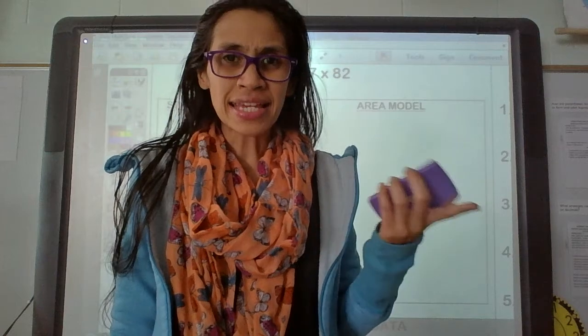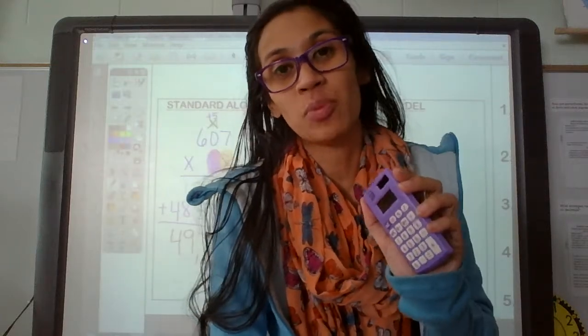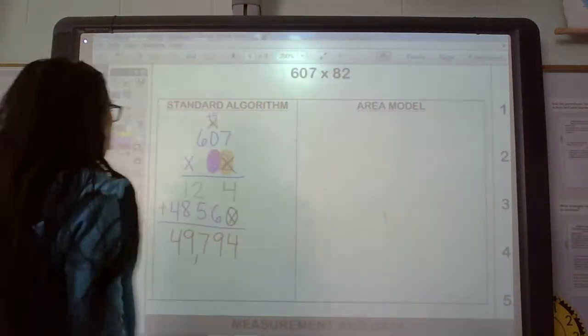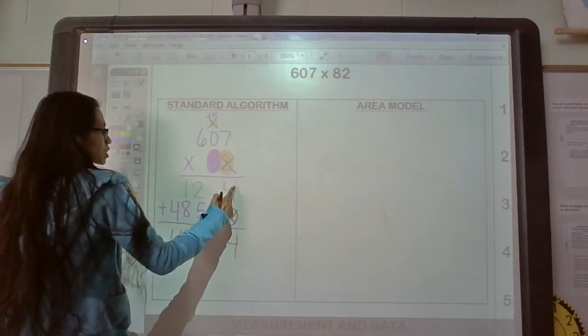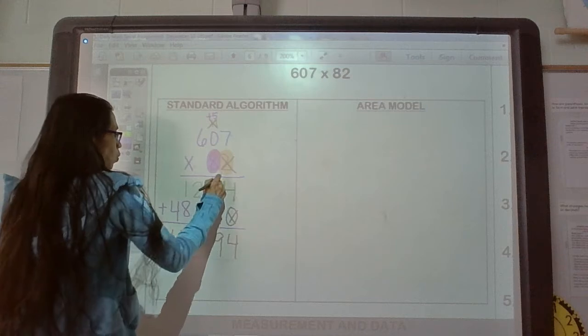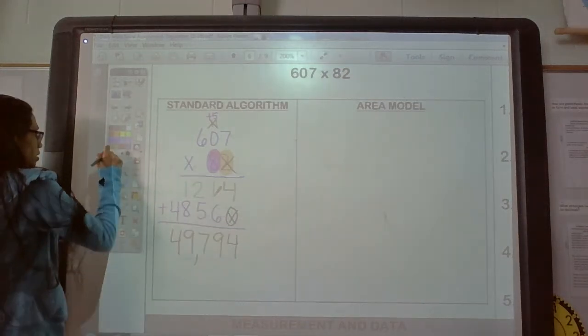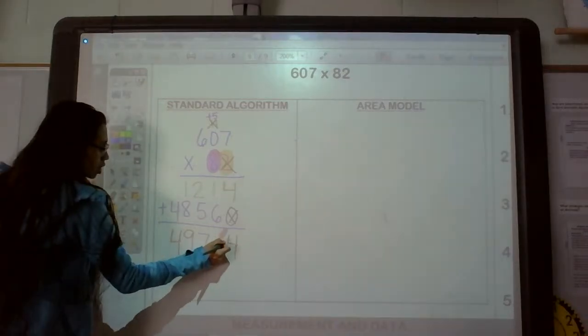I'm glad we used the calculator to help us before we kept on going. So that was 2 times 7 is 14, right? The 4 plus 1. 2 times 0 is 0 plus 1. That's a 1. And then 4 plus 0 is 4. 1 plus 6, that's 7. Oh my gosh. What is wrong with Miss Alana?